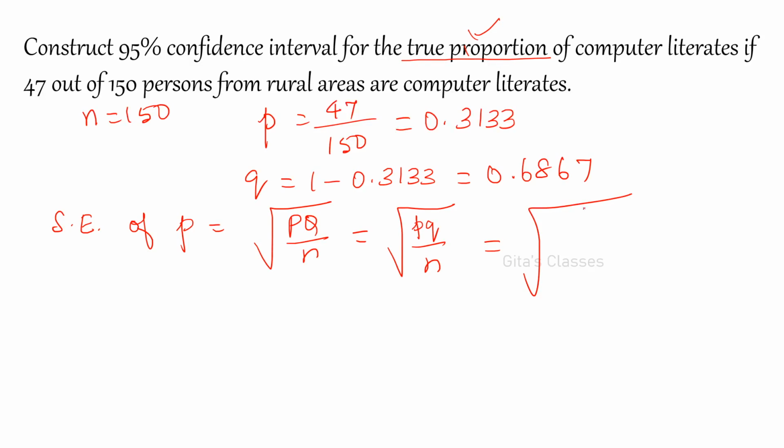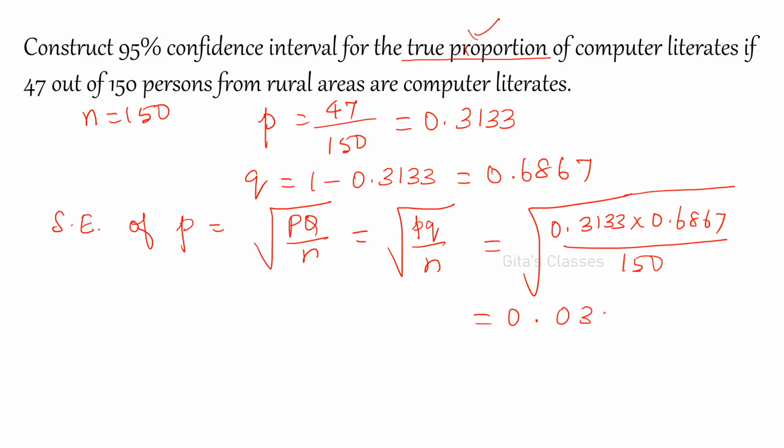So this is equal to root of pq by n, that is, substitute the values, 0.3133 into 0.6867 divided by 150, which is equal to 0.0379.